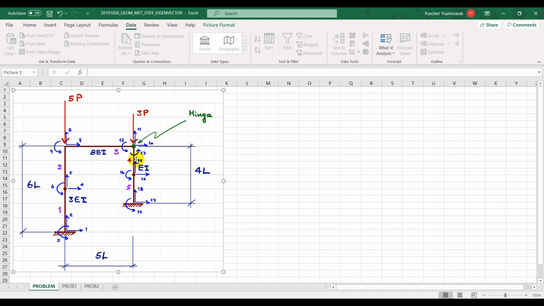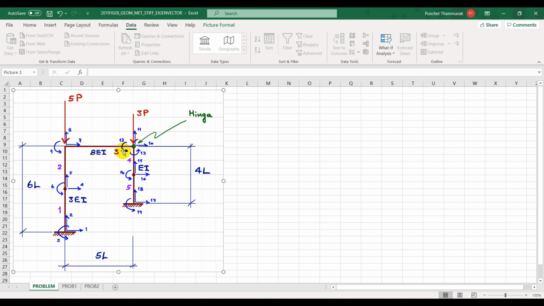But just in case the load pattern makes some sort of very clear failure mechanism on a local element, for example, if you put a lot of load in this right hand side column, very large load, and very small load on the left hand side, you might change the distribution, but you will not see that the buckling load is sensitive, or changing much with the change of the load.